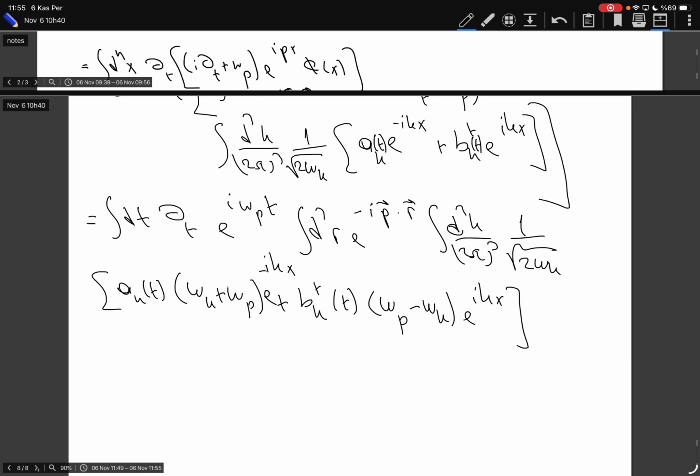Now I will evaluate the r integrals. The space integrals will basically give me Dirac delta functions.